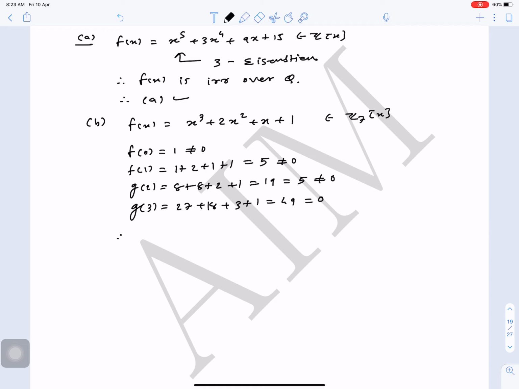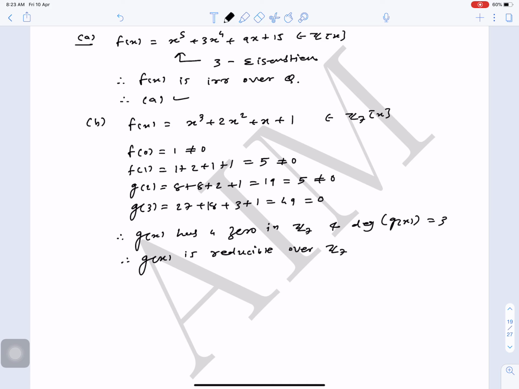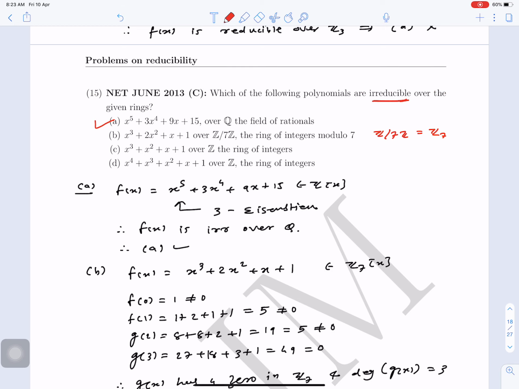So therefore f(x) has a zero in Z7 and the degree of f(x) is equal to 3. So therefore f(x) is reducible over Z7. So therefore option B is wrong, because we are interested in irreducible over Z7.